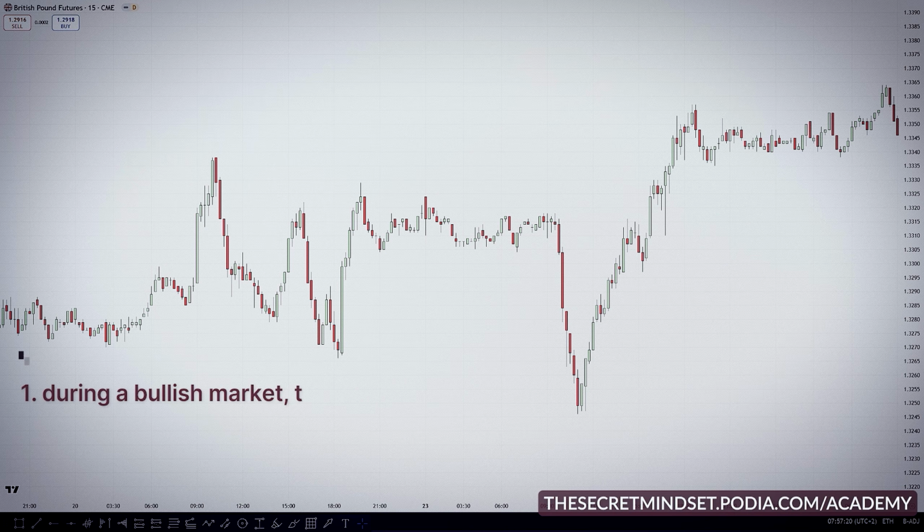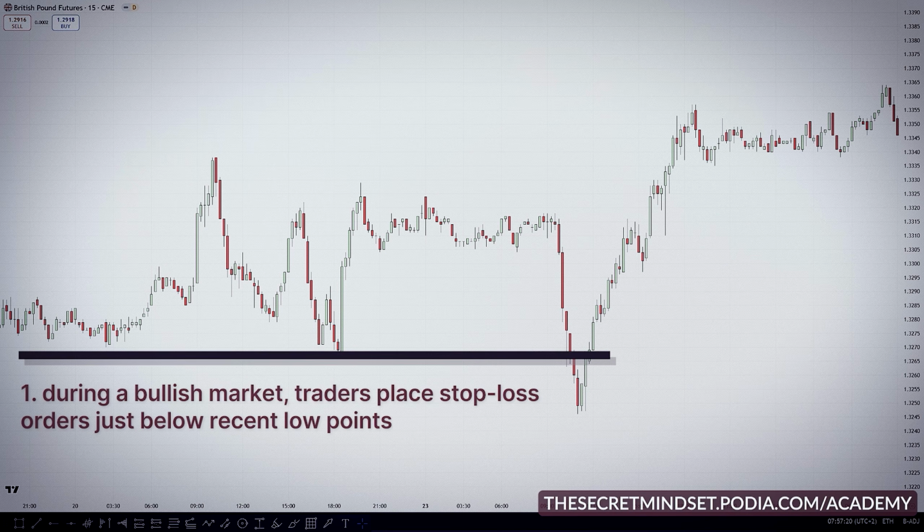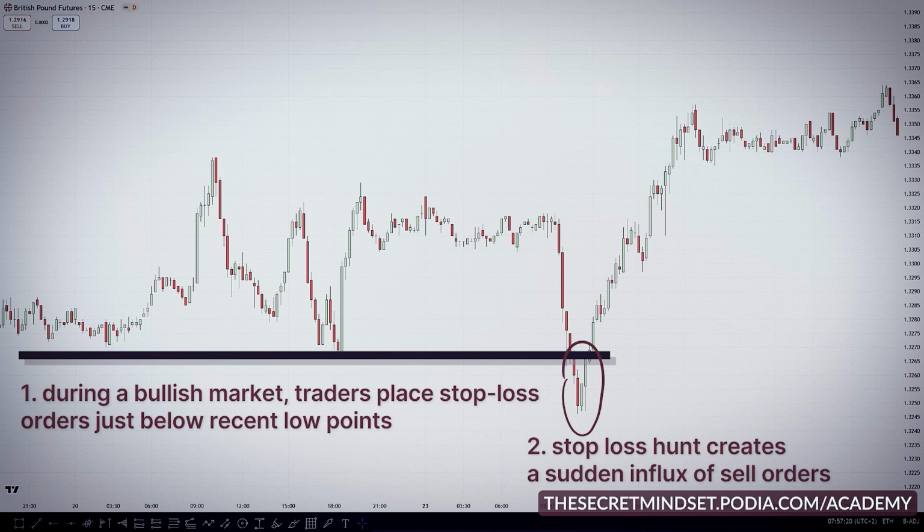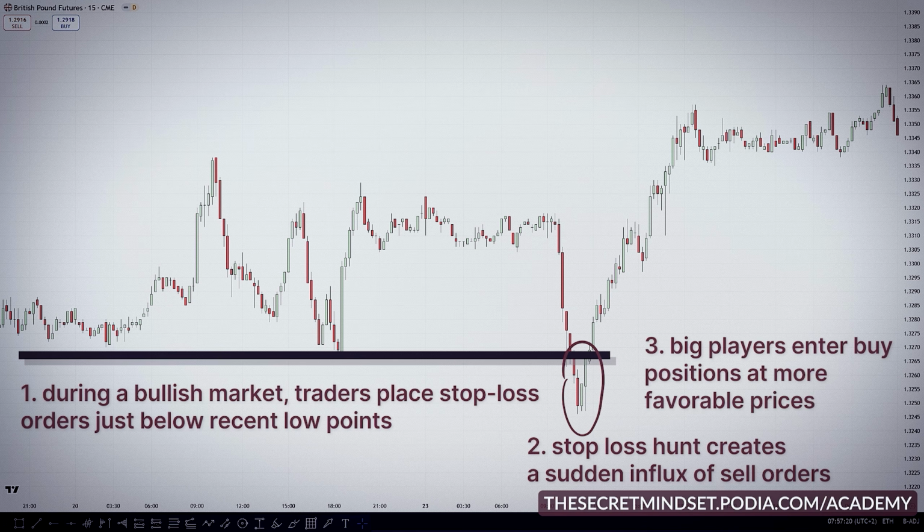For instance, during a bullish market, traders might place stop-loss orders just below recent low points. Big players can intentionally drive price down to trigger these stops, creating a sudden influx of sell orders. This allows them to enter buy positions at more favorable prices.